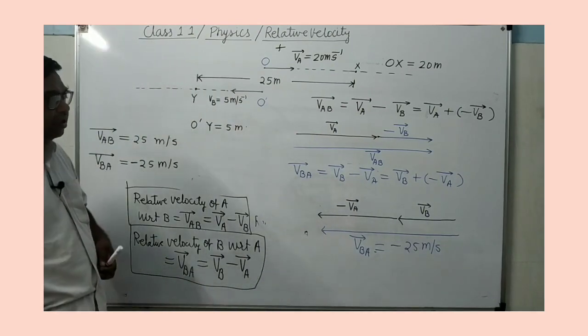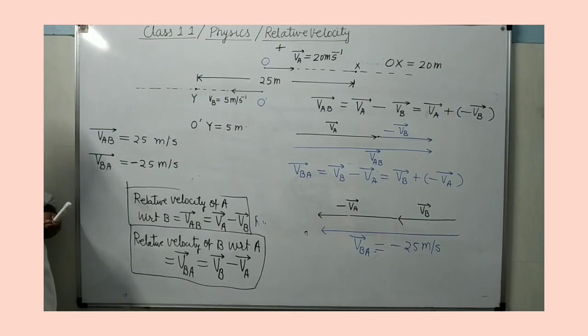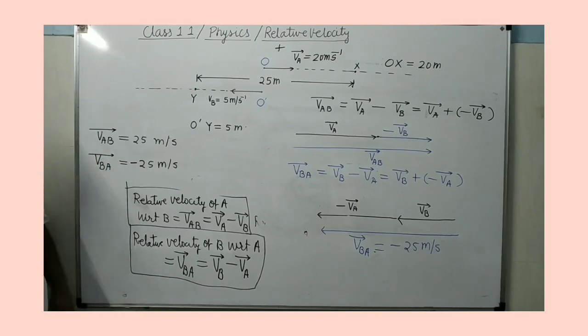It is clear? So you can see here whether the bodies are moving in the same direction or in the opposite direction, how will you find the relative velocity of A with respect to B?